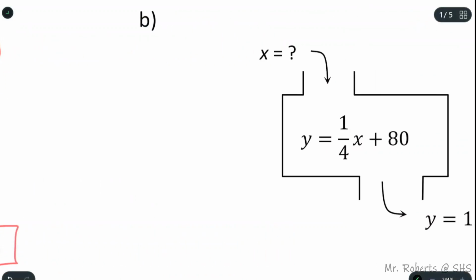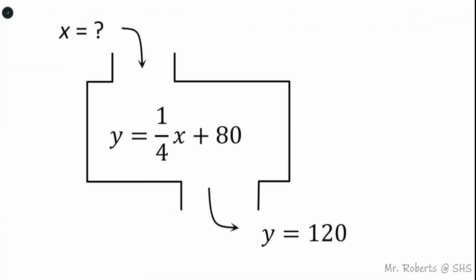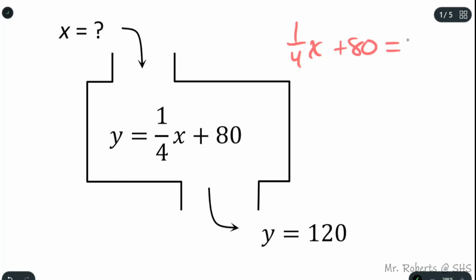The next question flips this and says, look, what I'm interested in now is what input produces this particular output. So probably the easiest way to do this is to say, I'm interested in when 1/4 x plus 80 will equal 120. By setting it up this way, I want to know when the output of that function is 120.